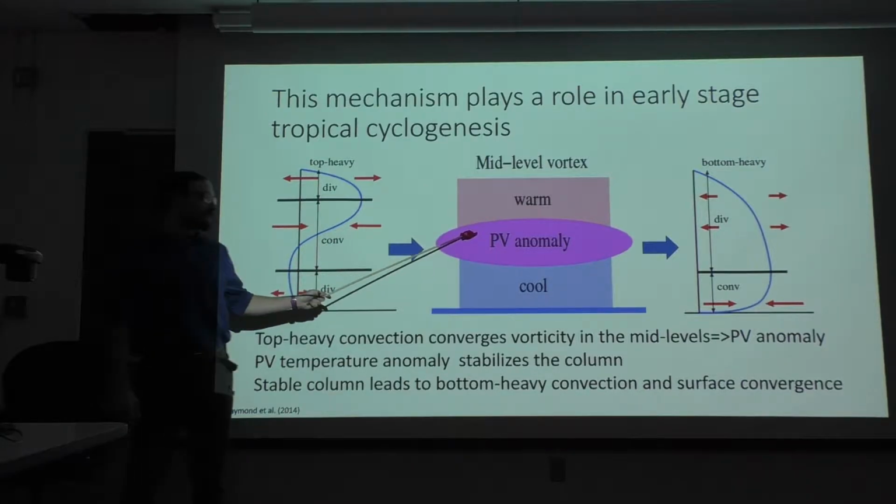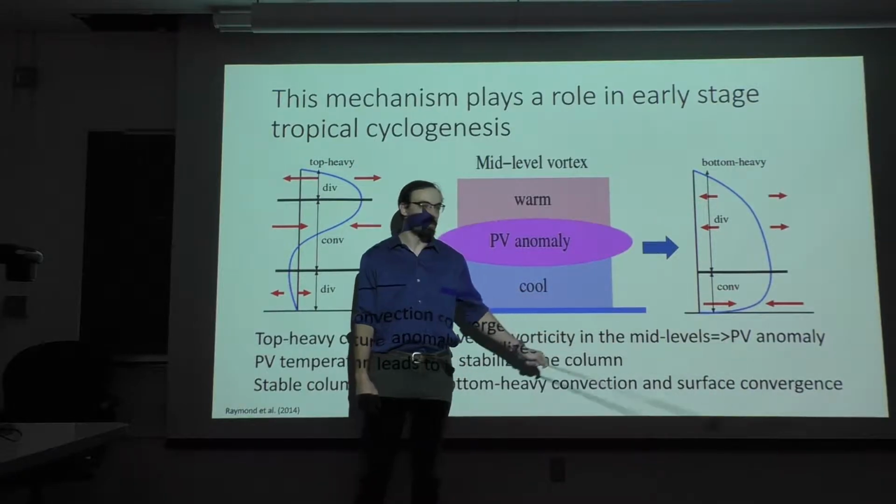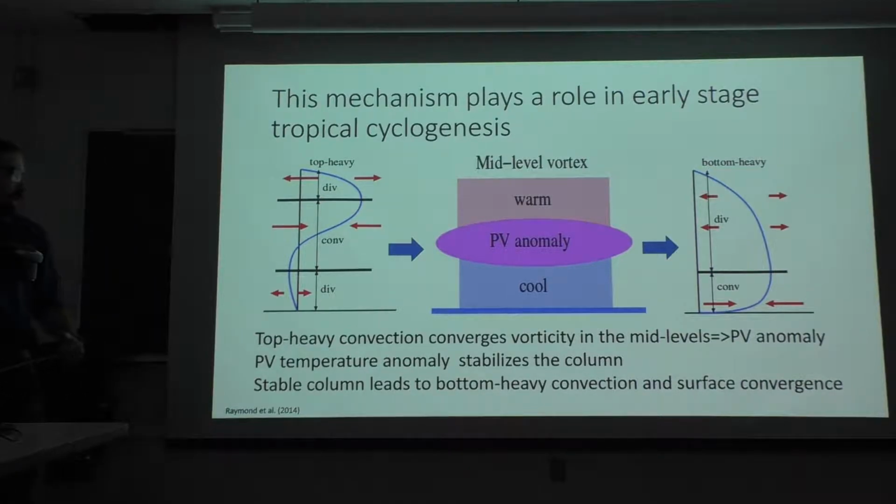When this is done, this tends to make the profile more bottom-heavy, which increases the surface convergence and actually spins up the tropical cyclone. And this is well supported by the data and the fact that we see a mid-level PV anomaly pretty much ubiquitously in tropical cyclogenesis, and it explains how we move from mid-level PV or mid-level vorticity to surface vorticity, despite having no explicit term in the vorticity budget.